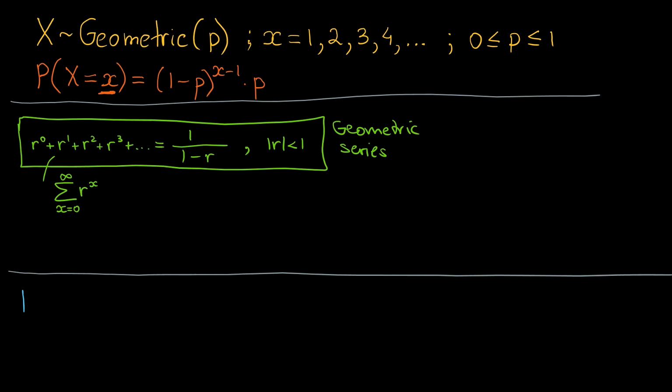Okay, so now we are ready to evaluate the expected value of our geometric random variable, and so by the formula it is the sum of lowercase x times the PMF of our random variable, and I'll just replace its value 1 minus p to the power of x minus 1 times p, and the summation needs to go over the entire support, which is from 1 to infinity.